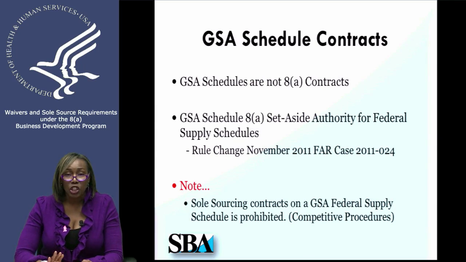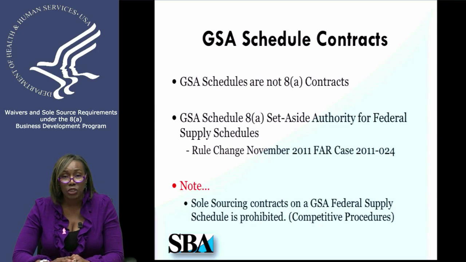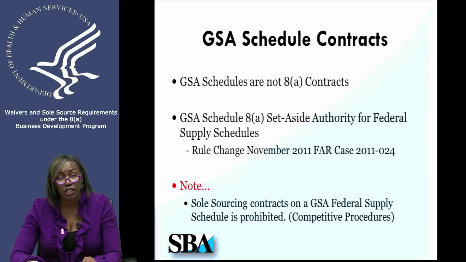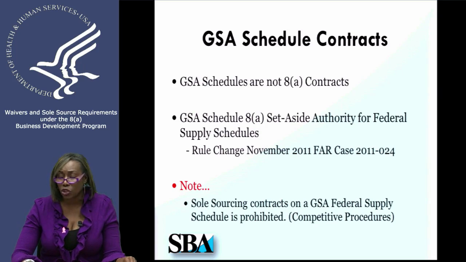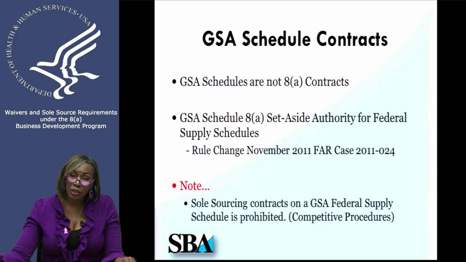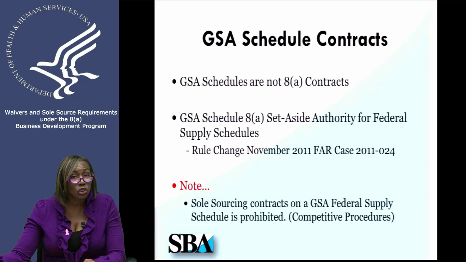Sole sourcing contracts on the GSA federal supply schedule is prohibited. And this is because you have competitive procedures against the federal supply schedules. That is something to remember. Those contracts you cannot sole source an award on utilizing the GSA federal supply schedule. It's very different from the STARS 2 GWAC.